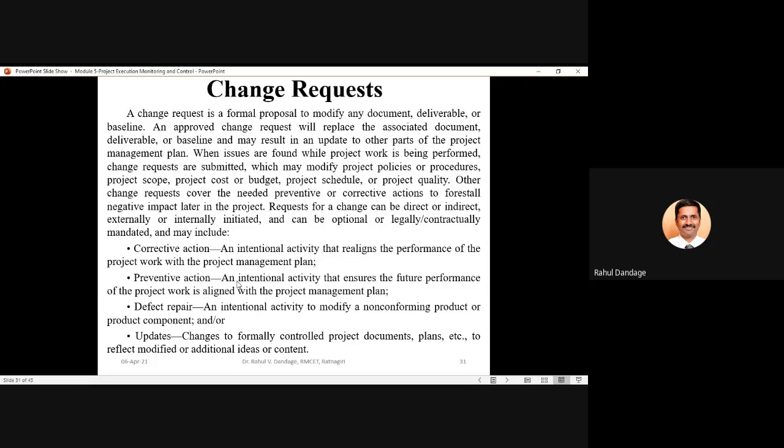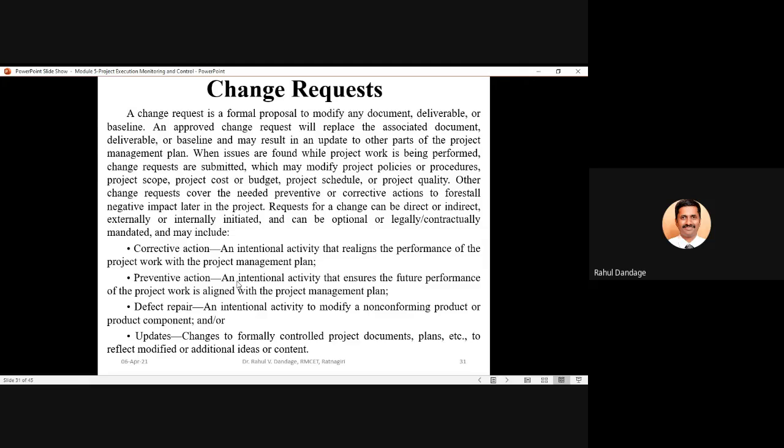In that case, it is not the authority of any person working on that particular activity to change or modify the project document. So there must be some standard method using which there will be modification or revisions of the various plans or the various documents which have been prepared for your project.